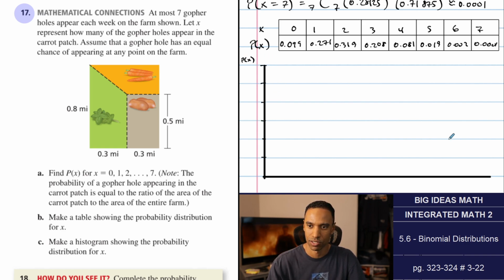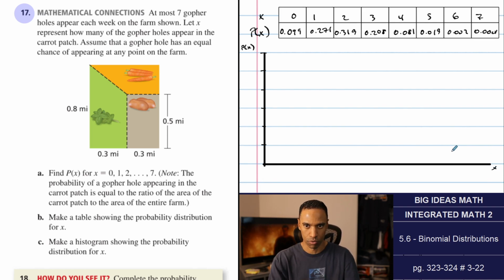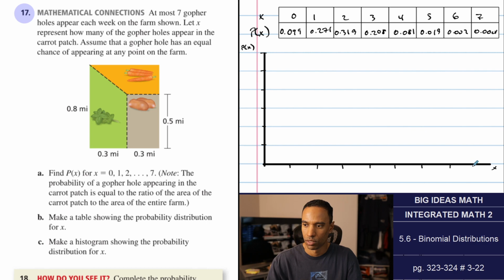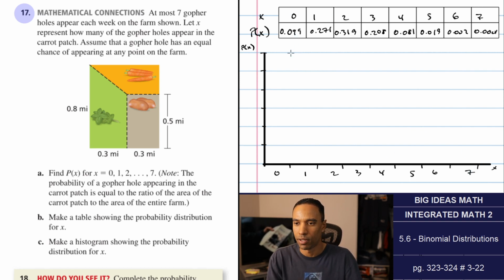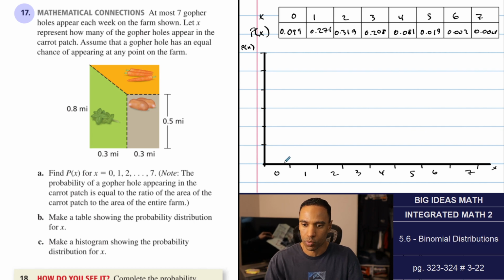So P of X and X, and we have to do this from 0 through 7. 0, 1, 2, 3, 4, 5, 6, 7. Okay, let's go.